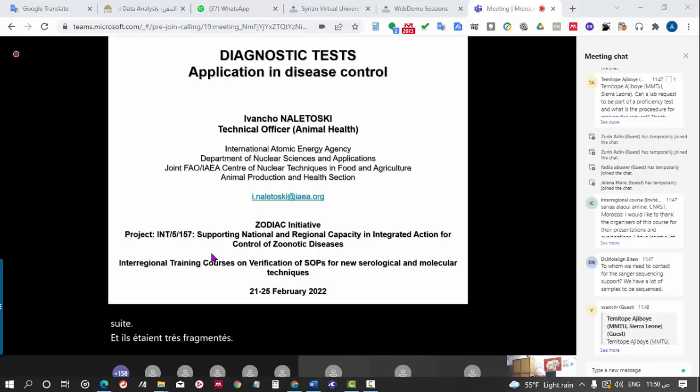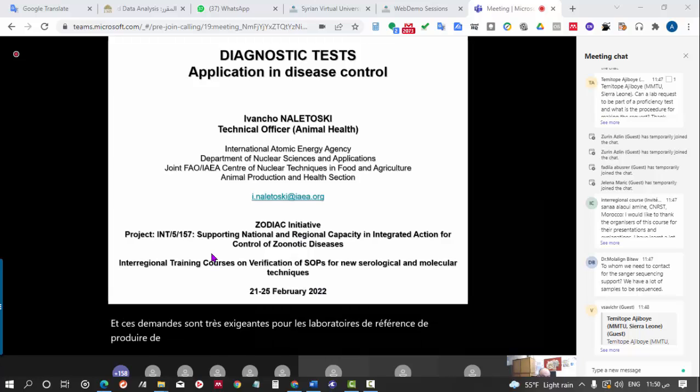Fragmented means this month a laboratory in country 1 asks us for 3 controls for brucella and 2 controls for foot and mouth disease, and then nothing, silence. And in 6 months, another laboratory asks us again, I need 5 controls for brucella and 3 controls for foot and mouth disease. And these requests are very demanding for the reference labs to produce in such a way.